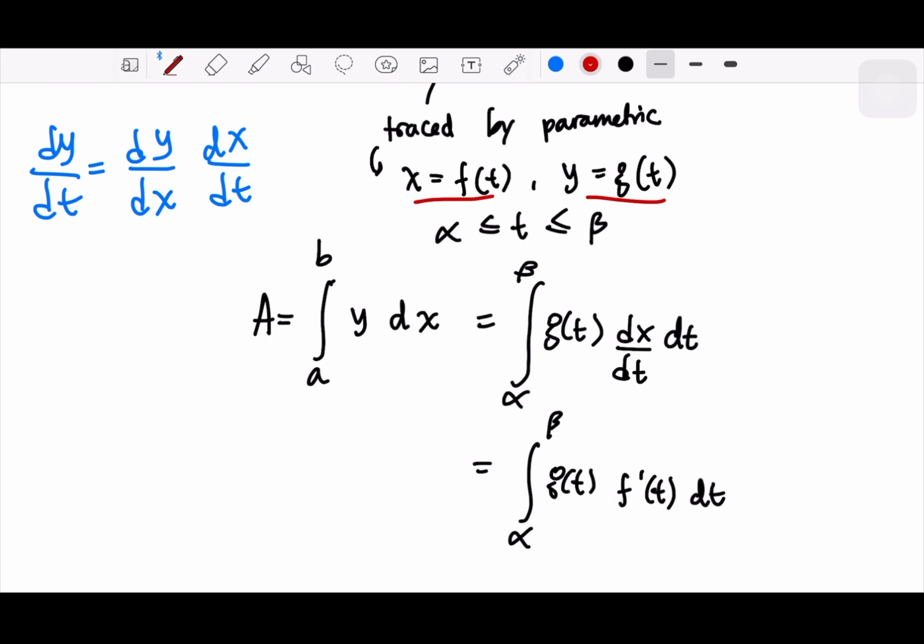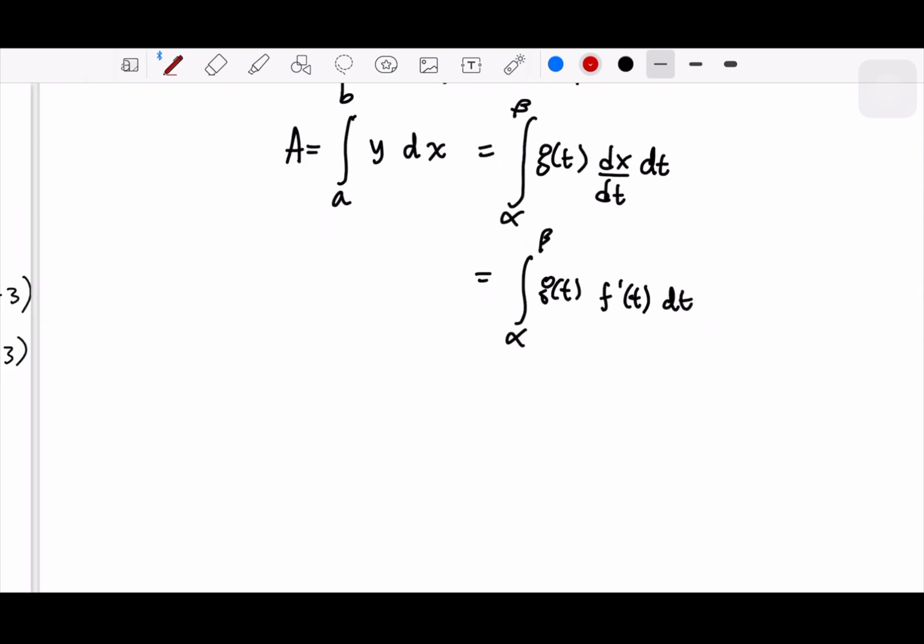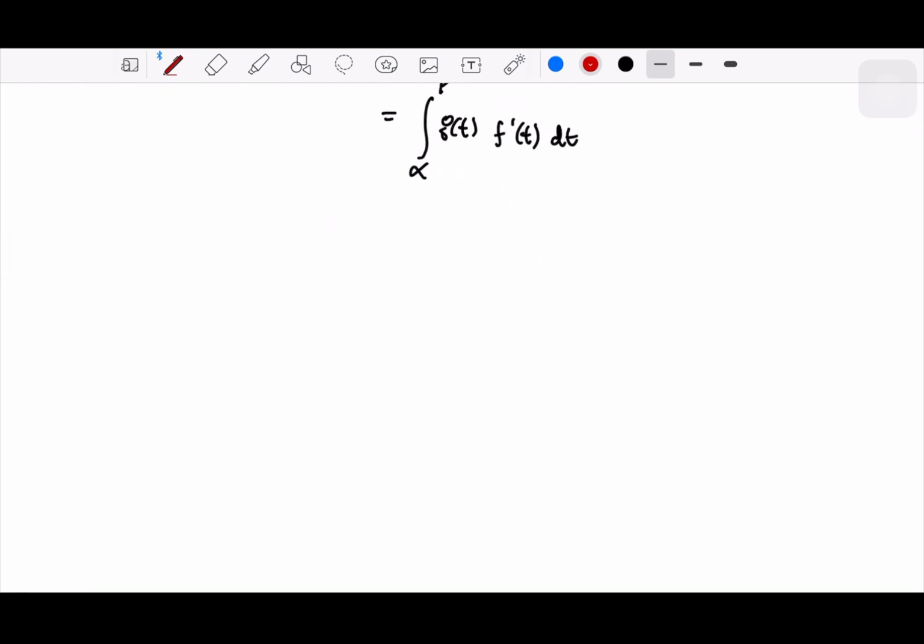Okay. Now, let me give you some example on the cycloid. Okay. Let me draw this cycloid.